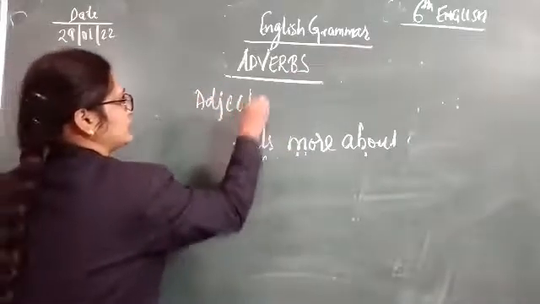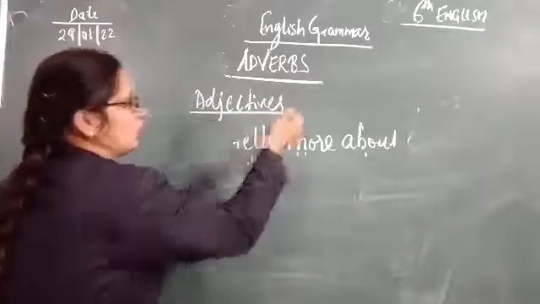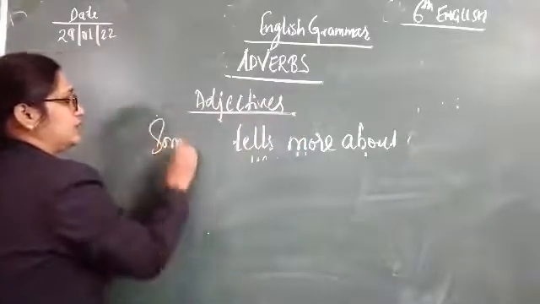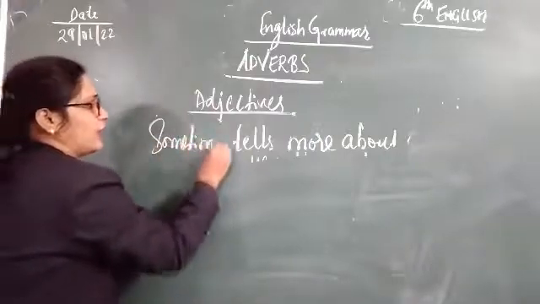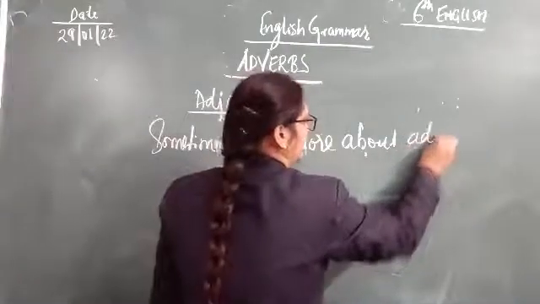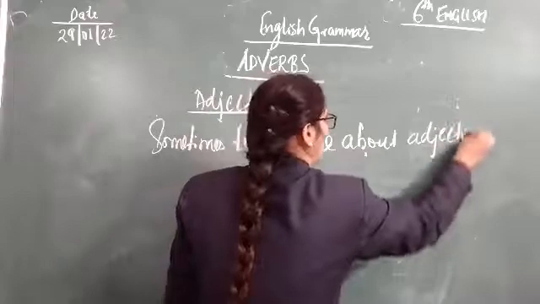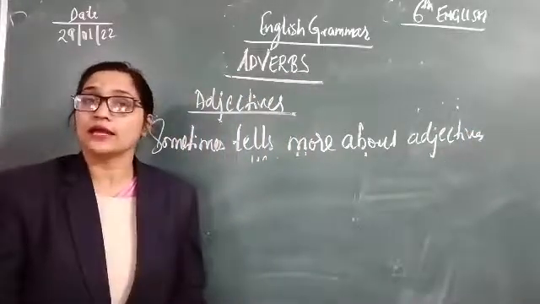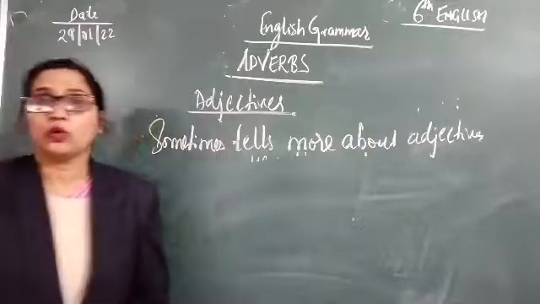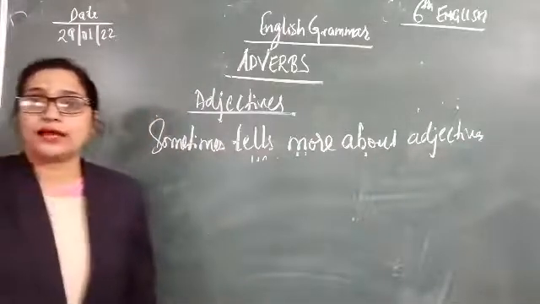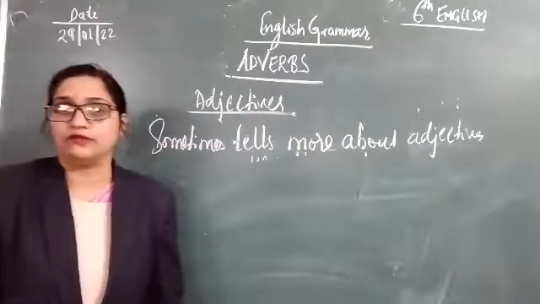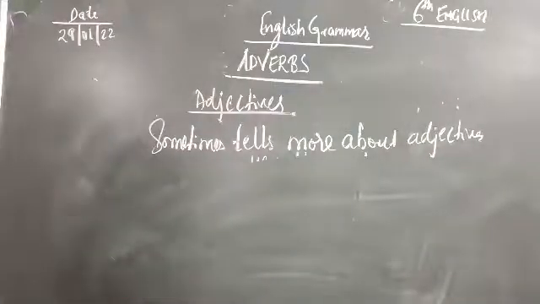Here also we will see an example. So these adverbs tell more about adjectives. What are adjectives? Adjectives are the words that qualify a noun or pronoun. So sometimes these adverbs tell more about adjectives. Now, example.